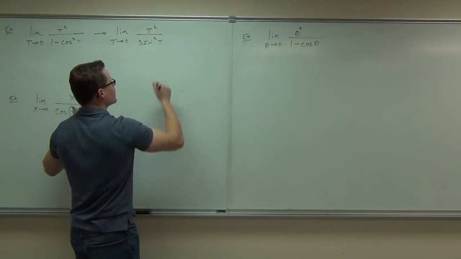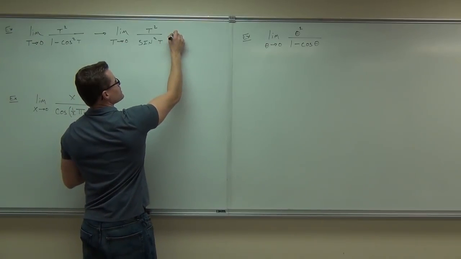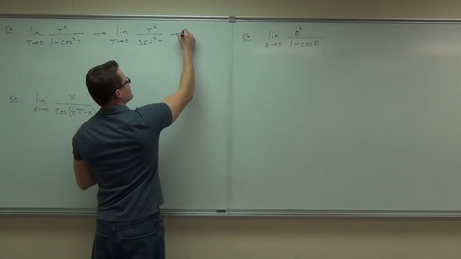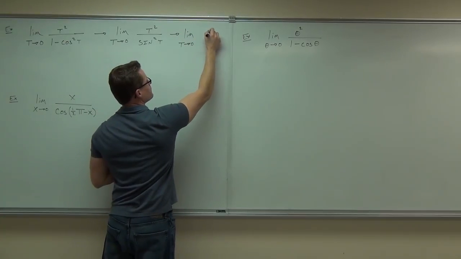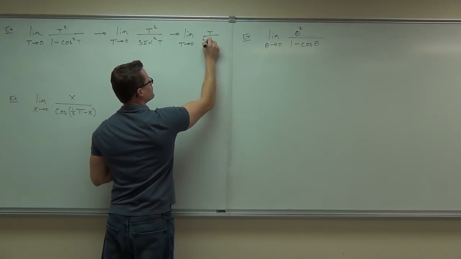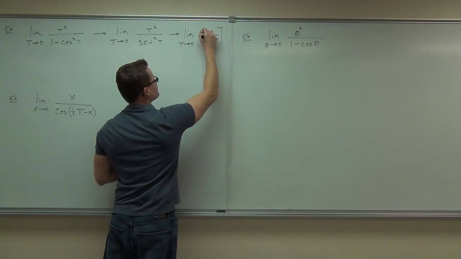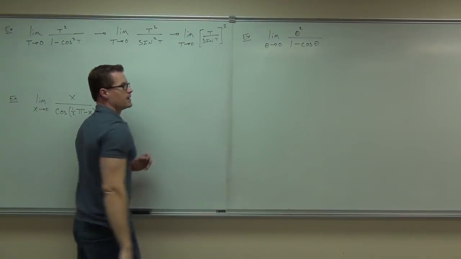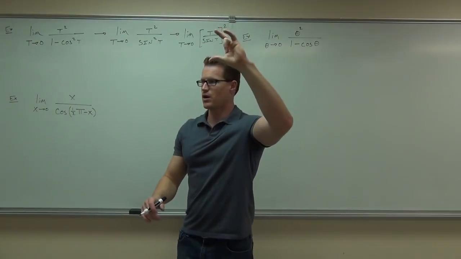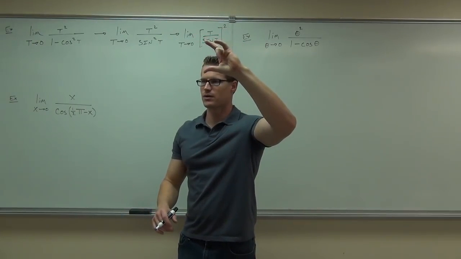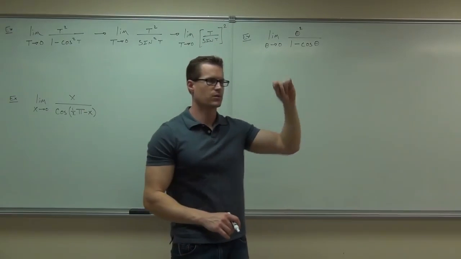The other option is, well, if you did something similar with that exponent, I could say that this is the limit as t approaches 0. Since the numerator is squared and the denominator is squared, I can break that exponent out to the top. You with me on that one? Sure? Okay.